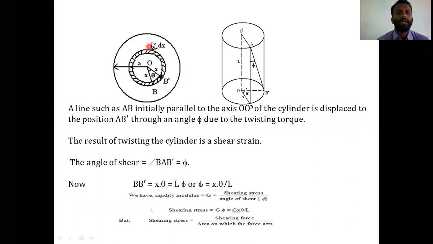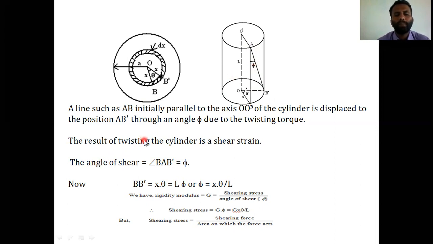Here you see in the figure a line AB, initially parallel to the axis OO' of the cylinder, is displaced to the position AB' through an angle phi due to the twisting torque.